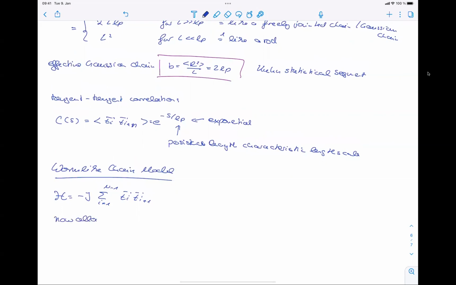So now I will allow T_{i+1} dot T_i as cos theta_{i+1} to cover where now we consider individual angles theta_i.